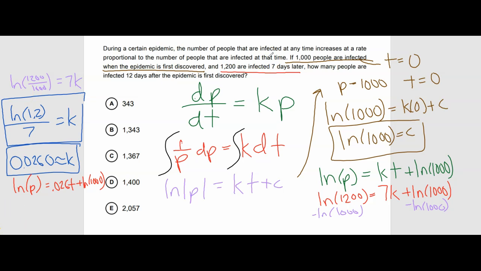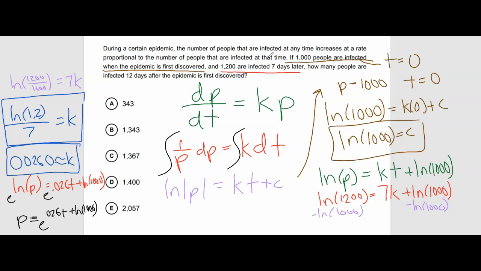And then if we wanted to get p by itself, we would just e both sides, and that would leave us with p approximately equal to, because we rounded our k value, but for all intents and purposes, p is equal to e to the power of 0.026 t plus natural log of 1000.